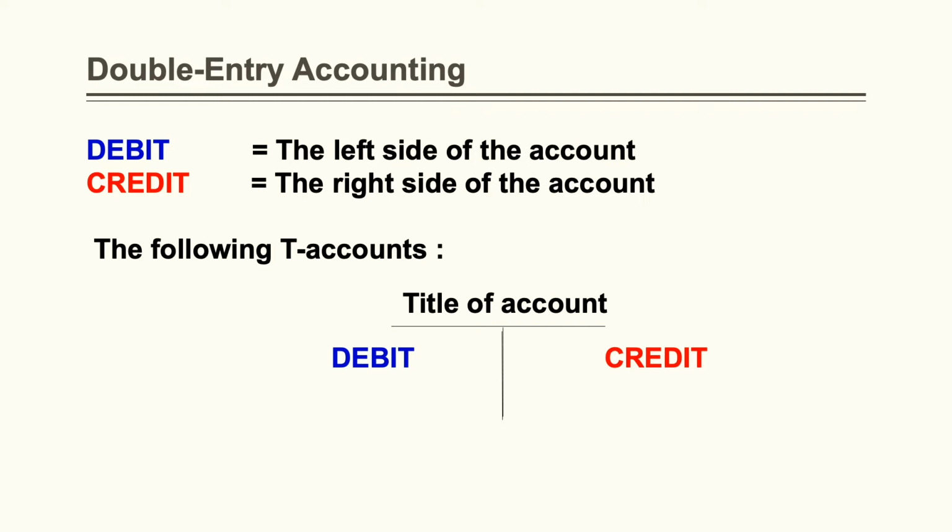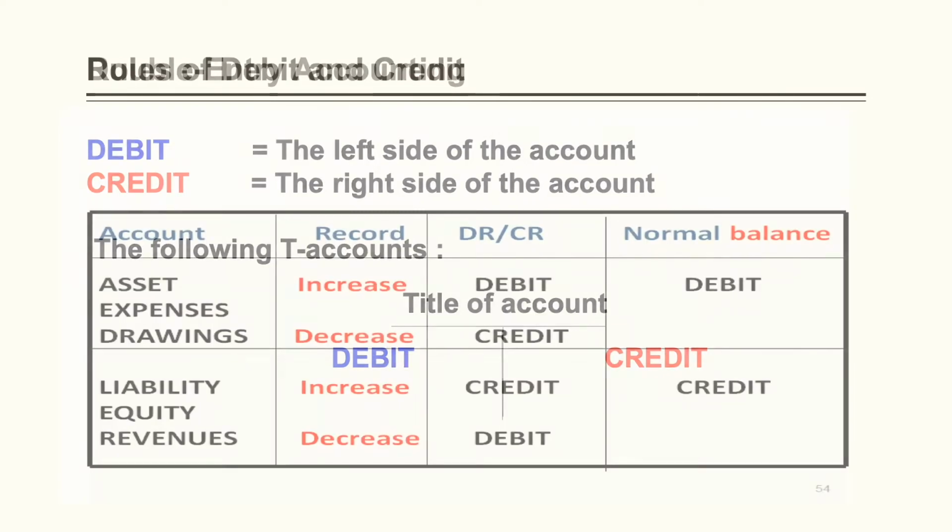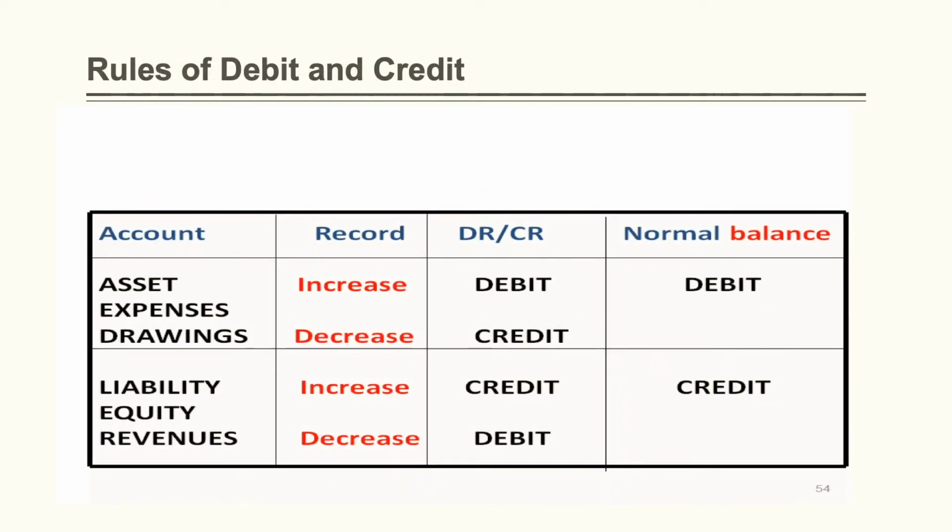Now we look at the rules of debit and credit. As you can see from the slide, for the accounts asset, expenses or drawing: when we buy an asset, that means the asset increases, so we must debit. When we dispose of our asset, that means it decreases, so we must credit.